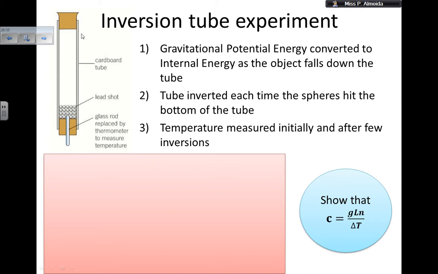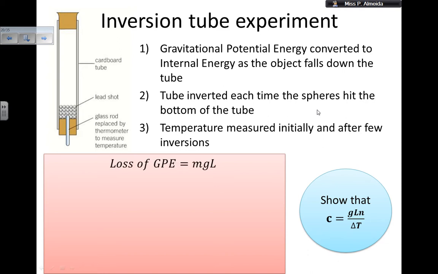Now, when this is happening, I have gravitational potential energy from the height that is going to be converted to internal energy as the objects fall down. I have an increase of kinetic energy and thermal energy, right? So this is going to make a rise in temperature every time these lead spheres reach the thermometer. So the temperature is measured initially and then after a couple of inversions.